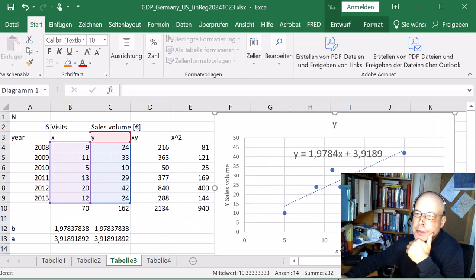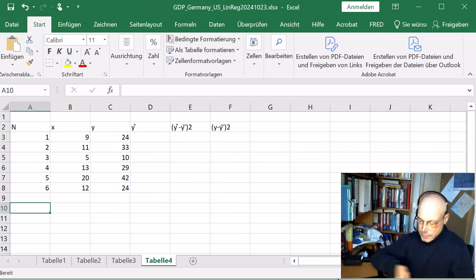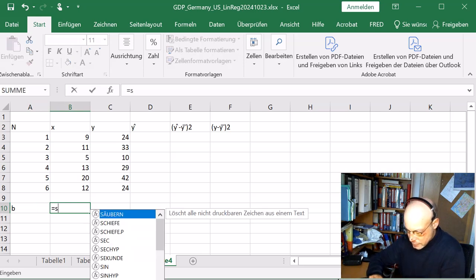So these are our A and B, and let's again do it as an example. So the slope B was given as the slope.